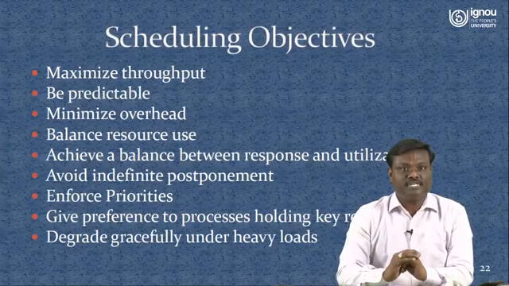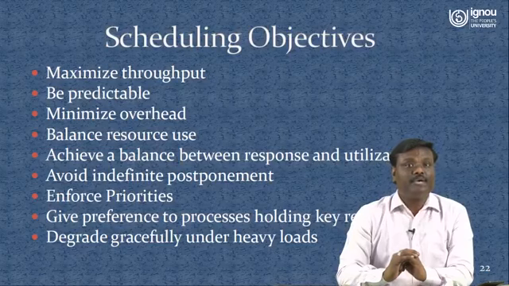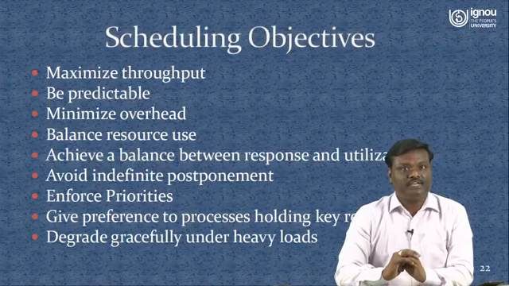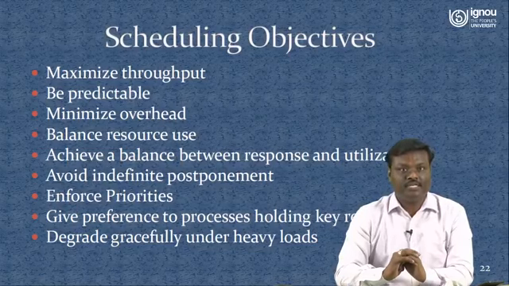The remaining objectives you can see here: maximize throughput, be predictable. Once we talk about a process, the OS should predict its time also, like how much time it requires to complete the job. So some sort of predictability should be there.